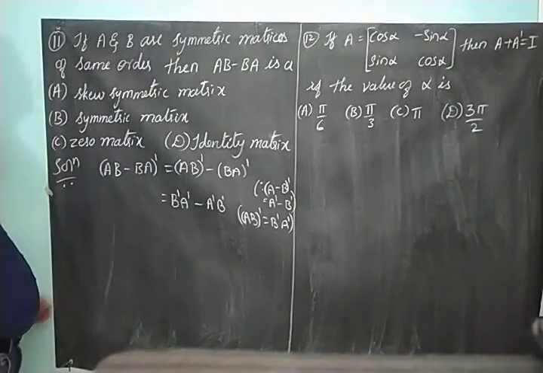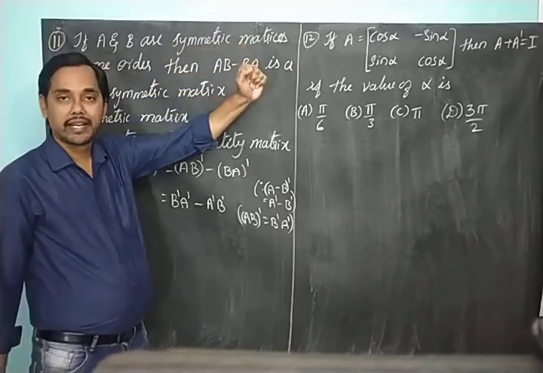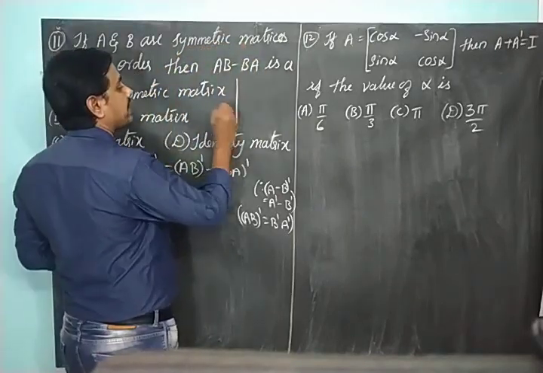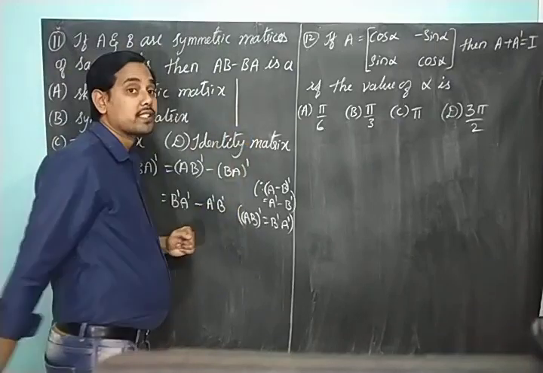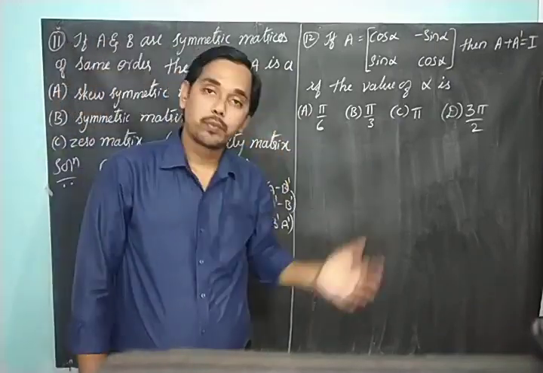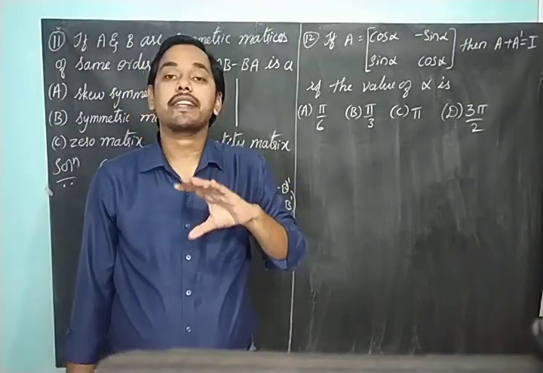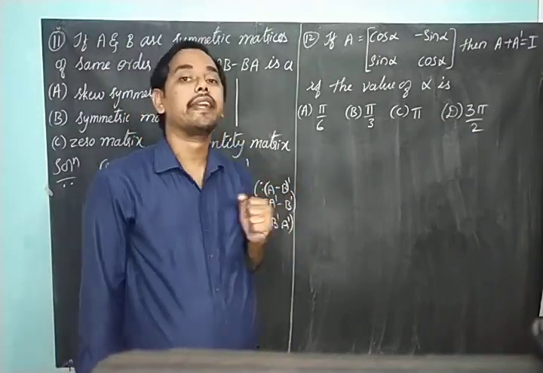Now, as A and B are symmetric matrices, right? What is a symmetric matrix? Its transpose is equal to itself. If A is a symmetric matrix, then A will be equal to A transpose.